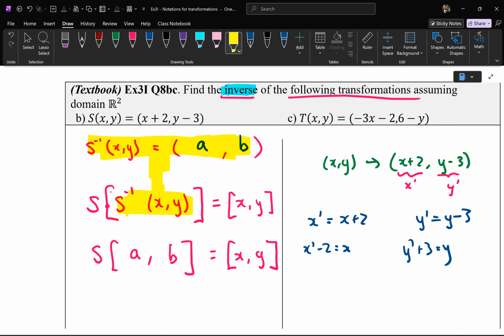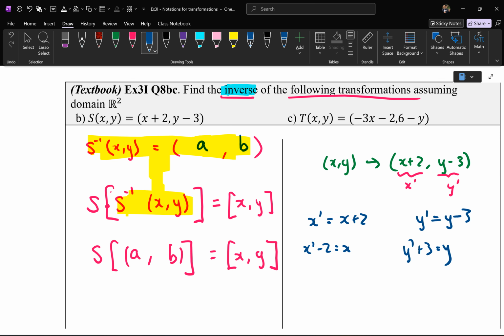That's my A, that's my B. Those are my transformations for A and B. But I do know the transformation for S: the transformation for x is x plus 2, and for y is y minus 3. So I'm technically substituting A into this one, because remember, A is what I want to find. I want to know the transformation for the x and for the y.